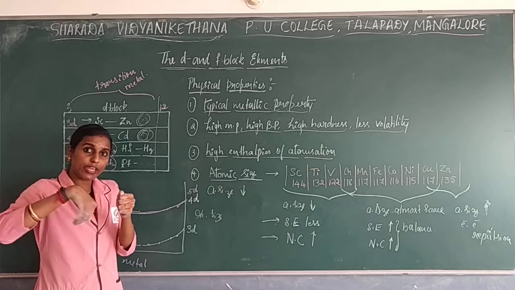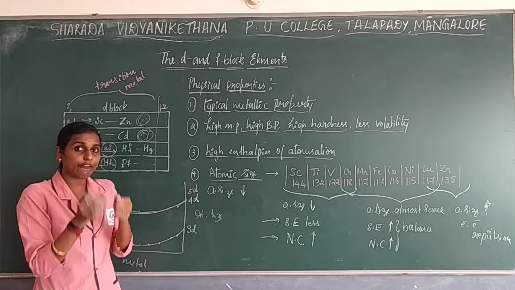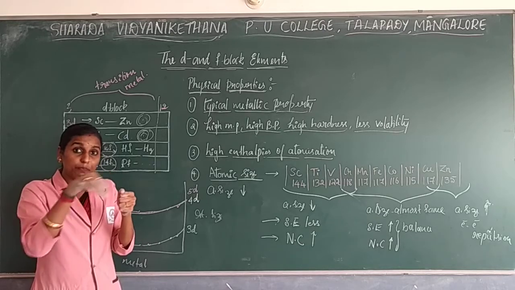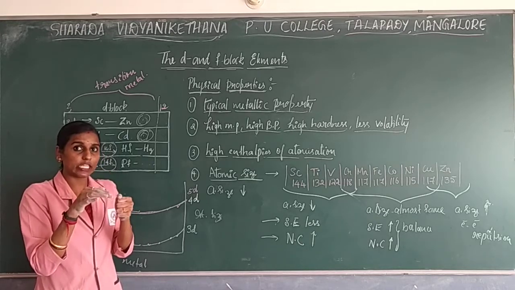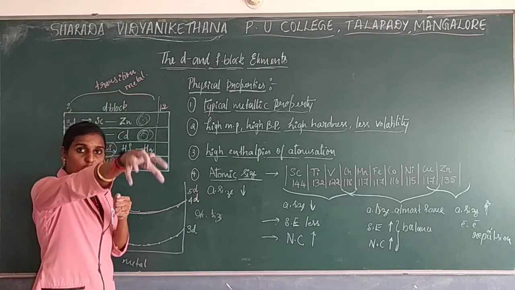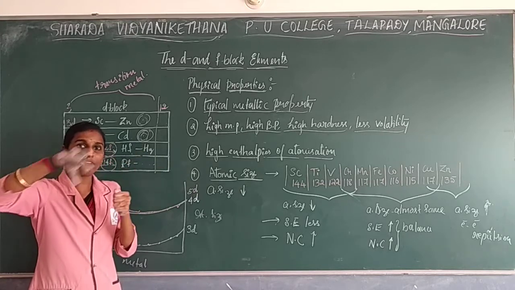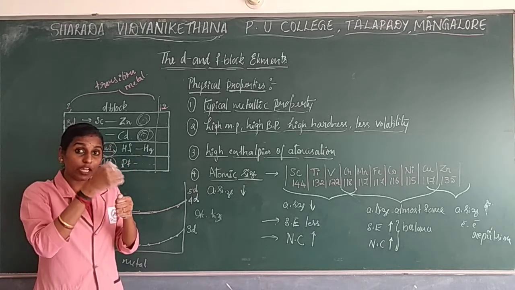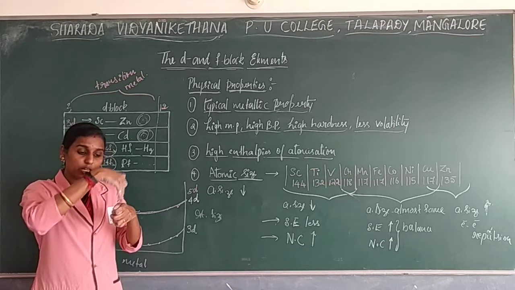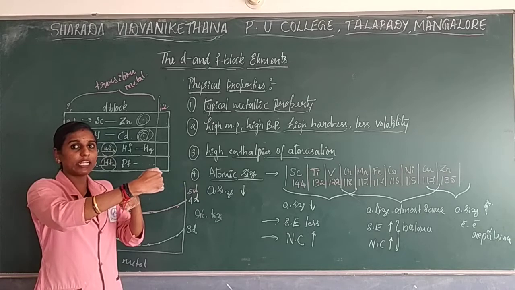When the inner orbital is filled more, what will happen? The screening effect will become less. So imperfect shielding effect will be seen over there also. Due to that reason, the nuclear charge will be more on the electrons present in the last shell, because the last shell will have fewer electrons, since filling takes place in the inner orbital first. 4f is filled, after that it will go to 5d.